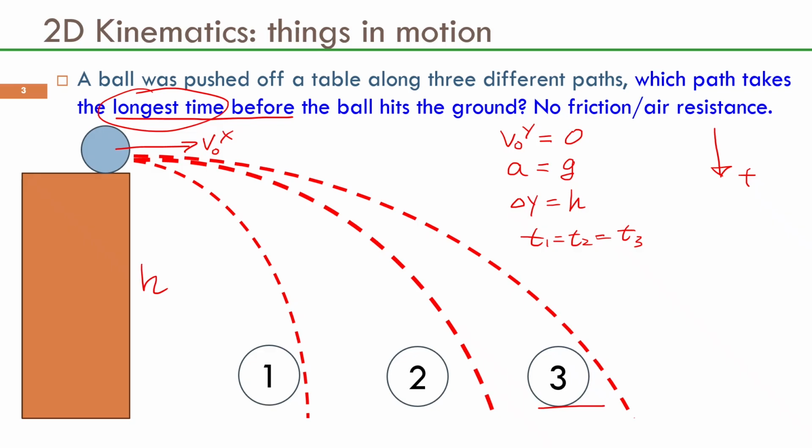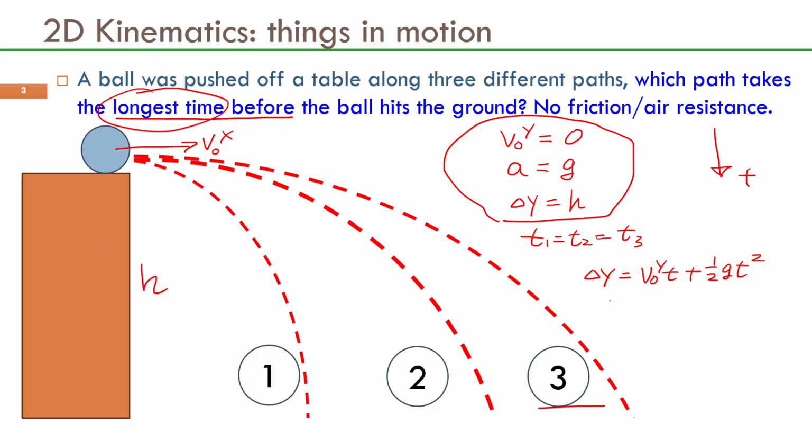So if this is a multiple choice question, the answer should be they all share the same time. But if we are going to quantitatively solve this, how should we do it? Because we know all this information, we can use one of the kinematic equations. We can use delta y equals v0y times t plus half g t squared to find out the time.